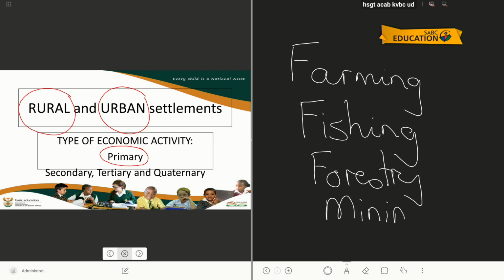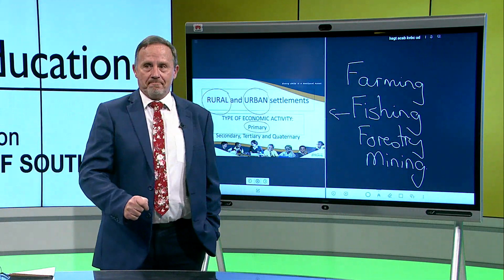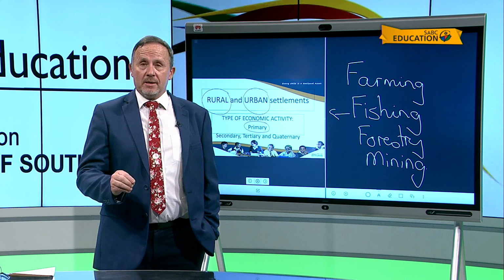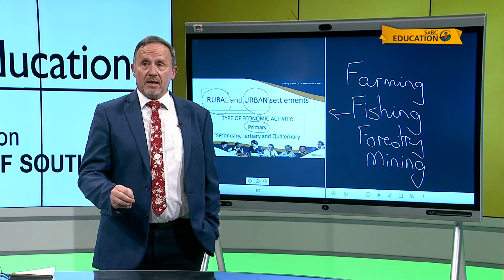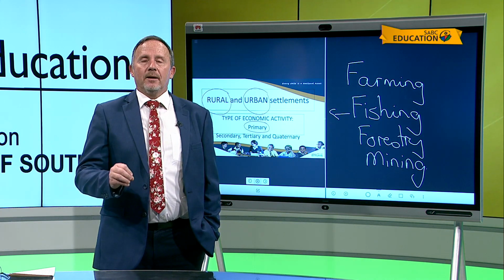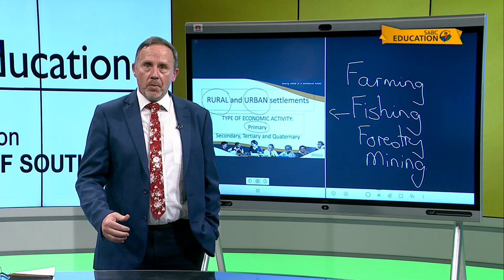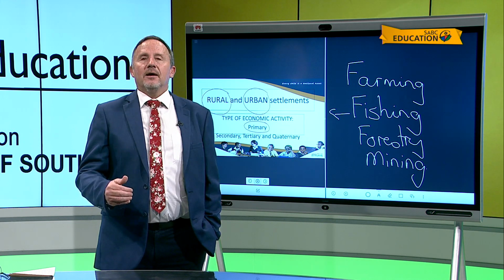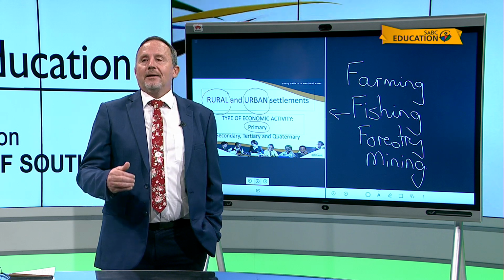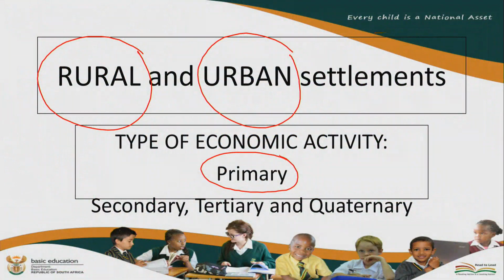Those are the 4 factors which classify primary activities. So if you're a farmer, a fisherman, a forester, or you work in a mine, your settlement, your home, is classified as a rural area.